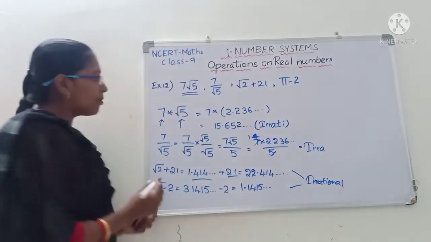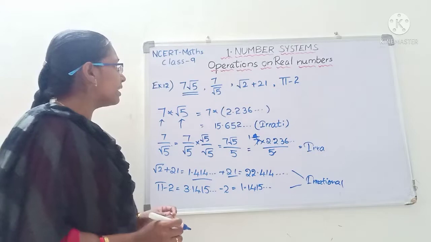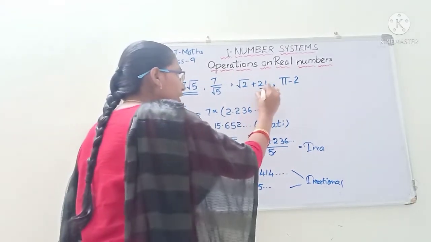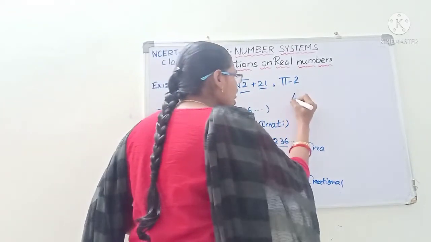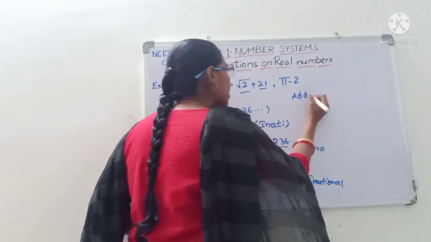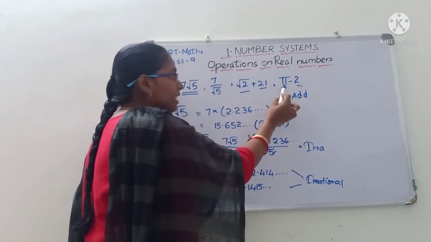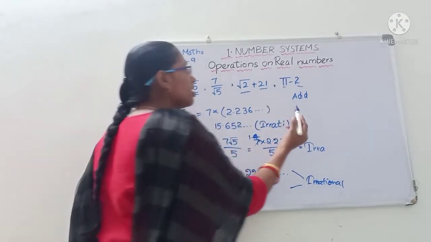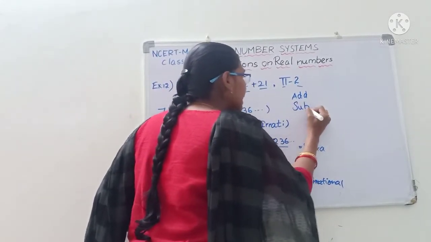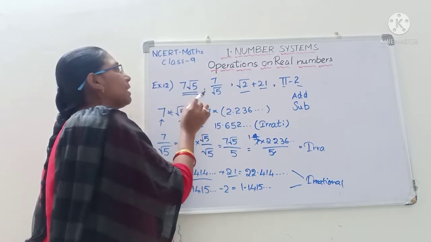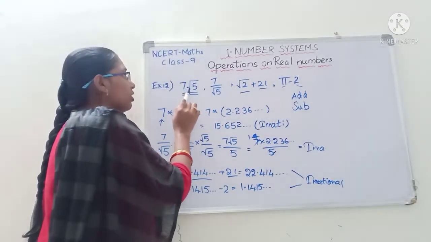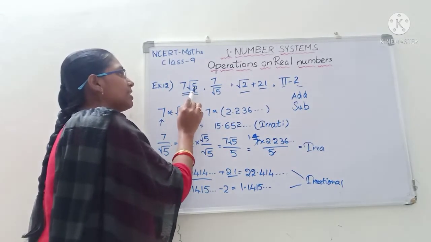So children, from this we came to understand that when you add a rational and irrational number, when you subtract a rational and irrational number, pi minus 2, pi is irrational, 2 is rational. Or when you multiply a rational and irrational number, 7 into root 5, 7 is rational, root 5 is irrational.